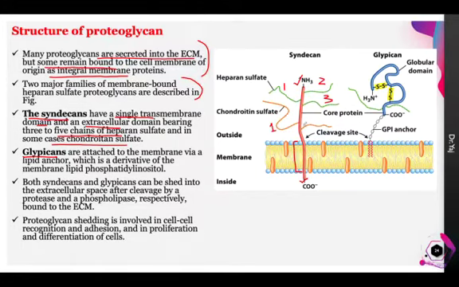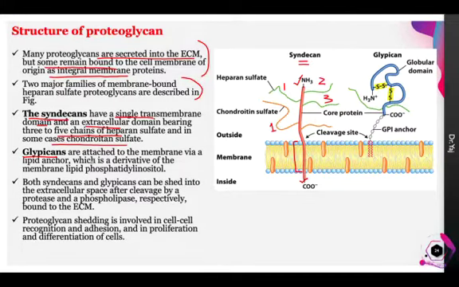So you have a transmembrane protein that is linked to 3 to 5 chains of heparan sulfate and sometimes one chain of chondroitin sulfate. And this class of proteoglycan are termed as syndecan.